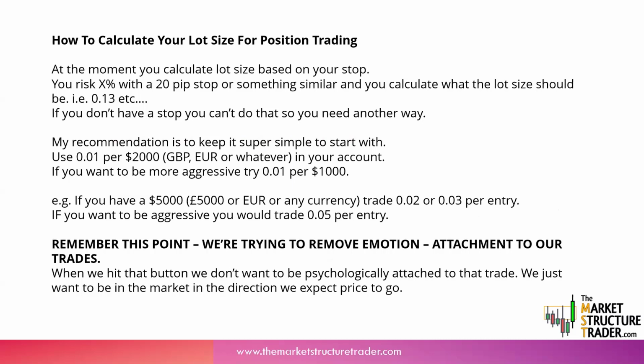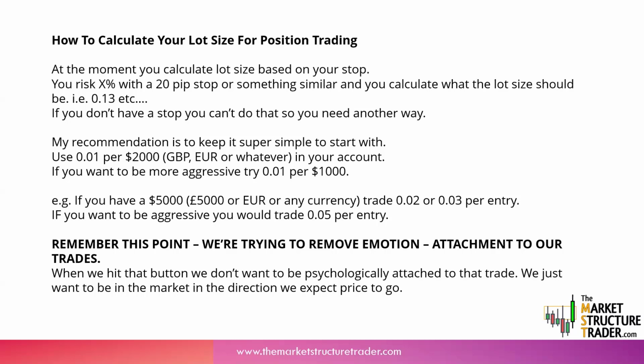If we wanted to, for example, risk 1% on every trade with a 20 pip stop loss, we can calculate what our lot sizing should be, and we adjust our lot sizing based on the risk. So 1% risk on a £3,000 account, for example, is going to be £30. So you would calculate what lot size to use with a £30 risk on a 20 pip stop, and it would come out at whatever that lot size is.